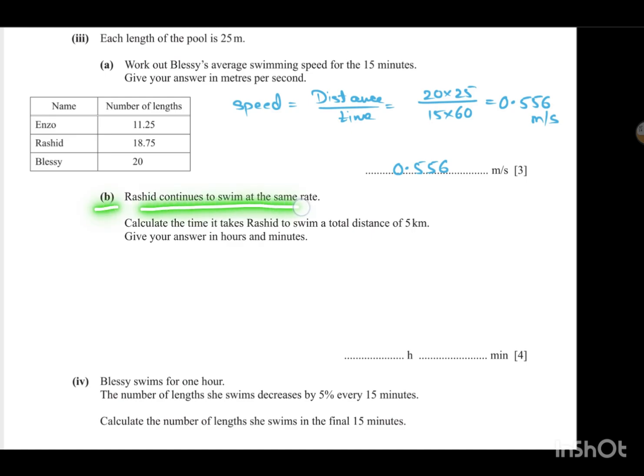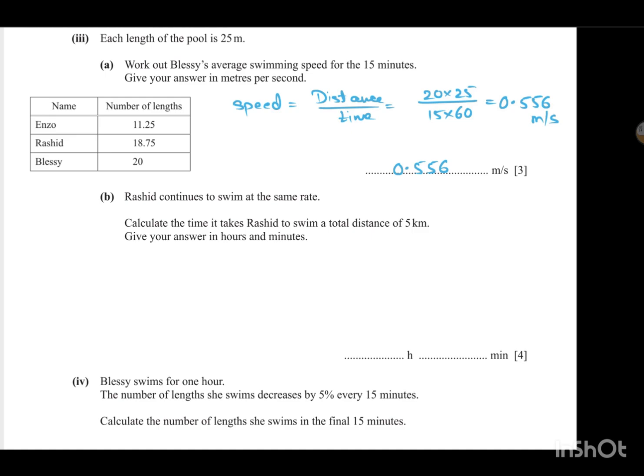Question B. Rashid continues to swim at the same rate. Rashid's number of lengths we know, and he is swimming at the same rate. So now calculate the time it takes Rashid to swim a total distance of 5 kilometers. Give your answer in hours and minutes. Now they are asking us to find the time taken by Rashid, and the distance is 5 kilometers, and the rate of swimming is the same.